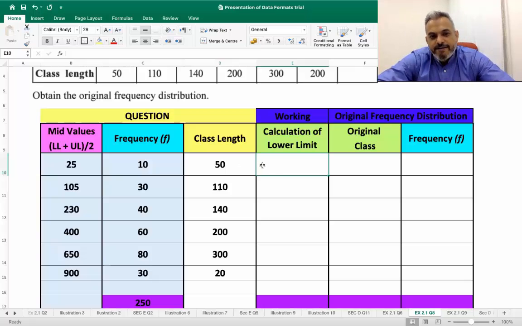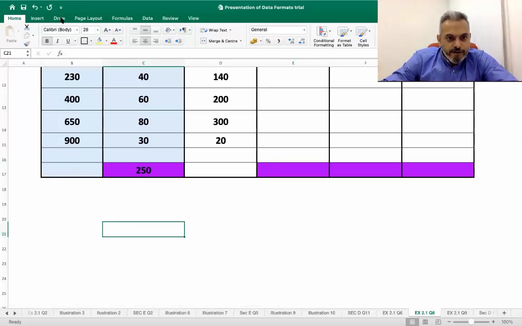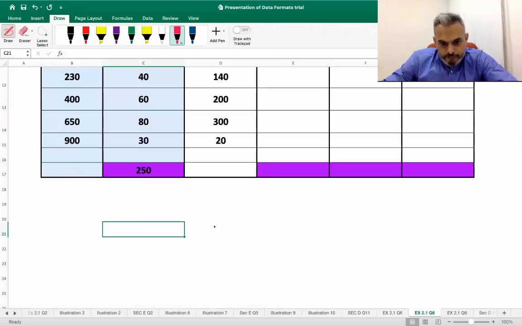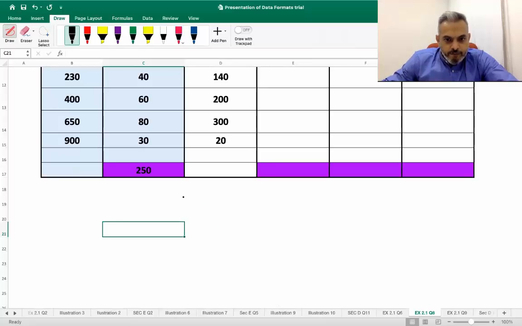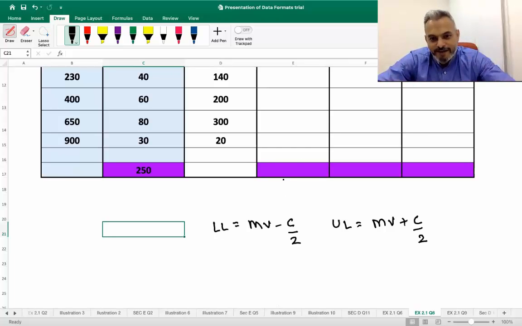Now the formula for lower limit is mid value minus class length divided by 2, and upper limit is equal to mid value plus class length divided by 2. But upper तो हम directly find कर ही लेंगे because class length है हमारे पास.